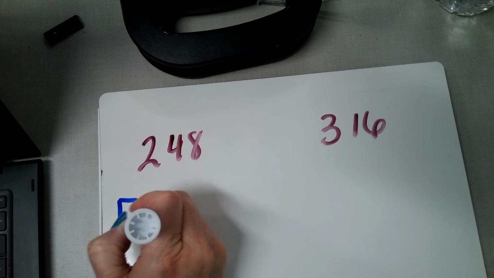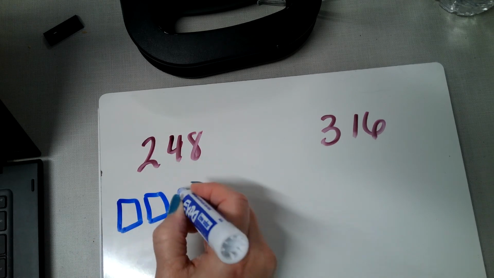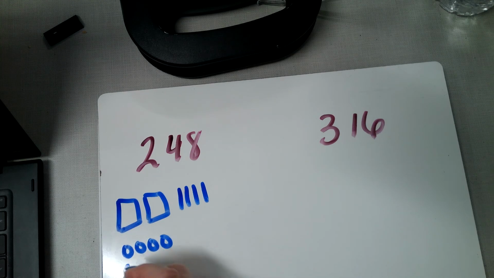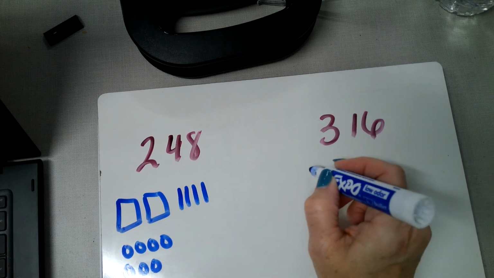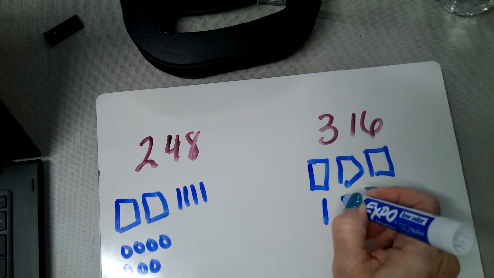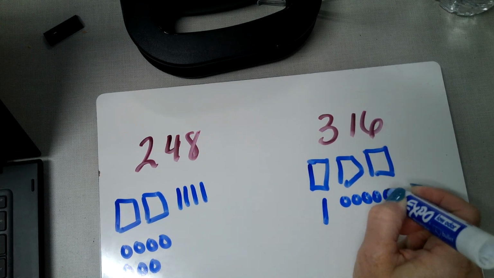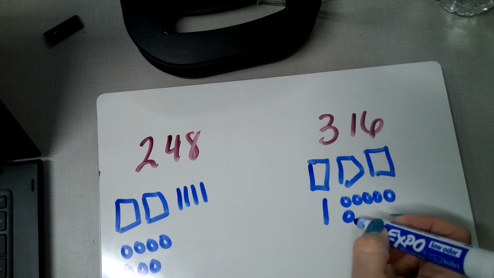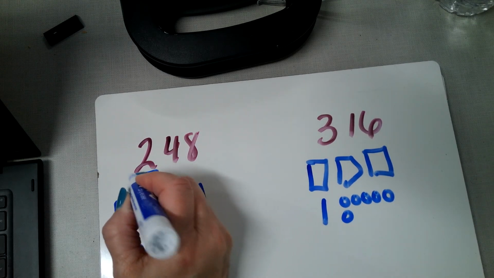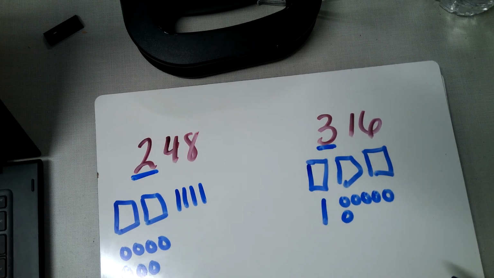Did you draw 2 hundreds, 4 tens, and 8 ones? And then 3 hundreds, 1 ten, and 6 ones. Notice I don't put 5 in a row and then 1. And then you compared them. Hopefully you started at the number furthest to the left. That'd be the hundreds place.